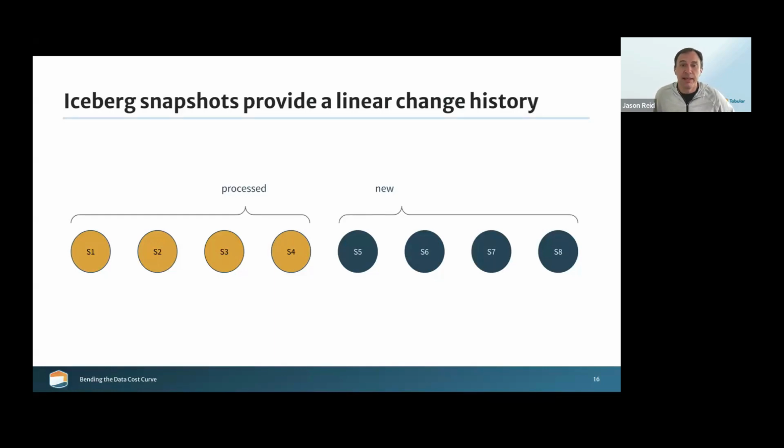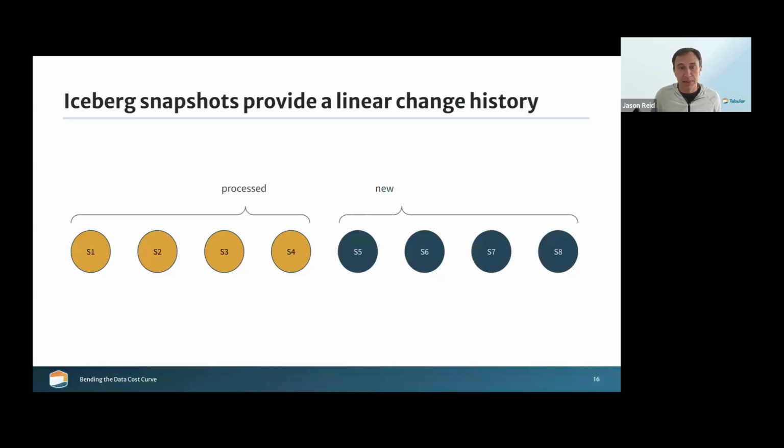The biggest one being that there wasn't a definitive way to even know what the changes in a table are, right? So in order to do incremental processing successfully, you have to understand what's new since the last time that I processed it out of this table.